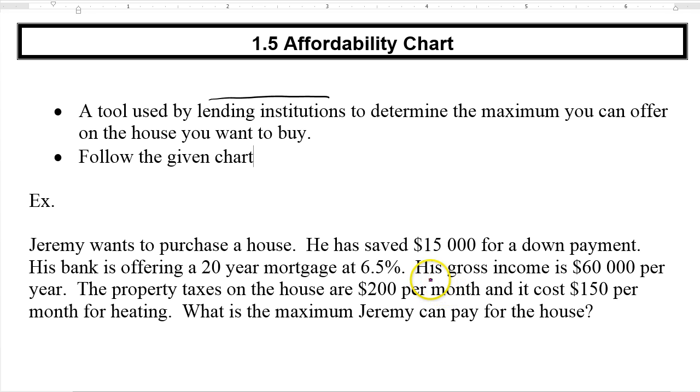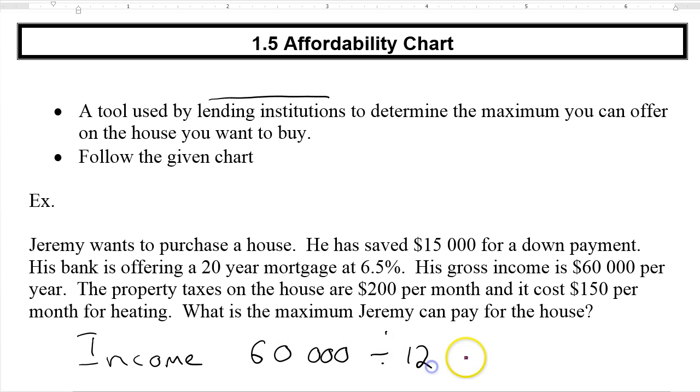So if we look here, we've got a gross income of $60,000 per year, so I'm going to want to change that right away. I'm going to divide that by 12 to get a monthly income of $5,000. We do want to make sure all of our numbers are in the monthly amounts.